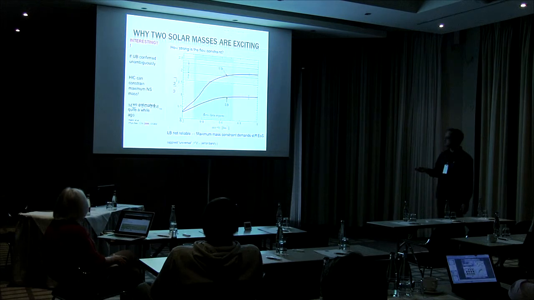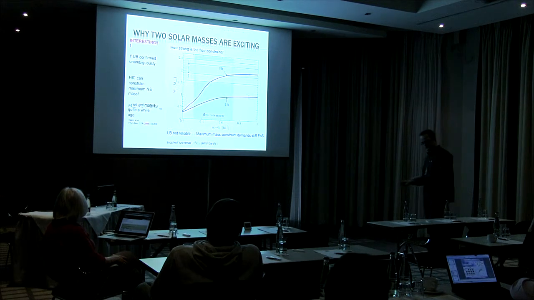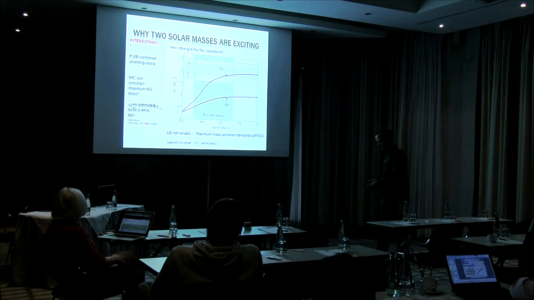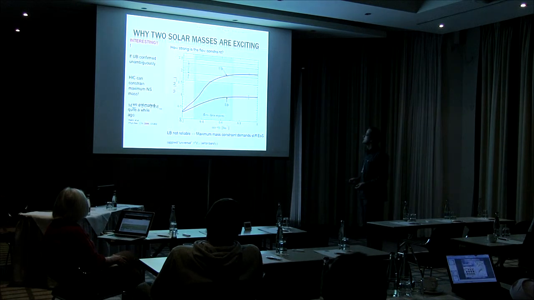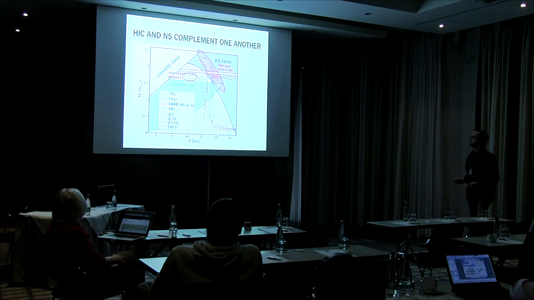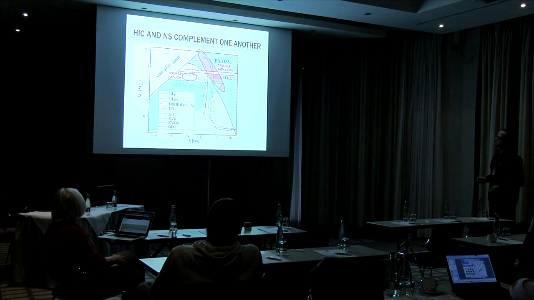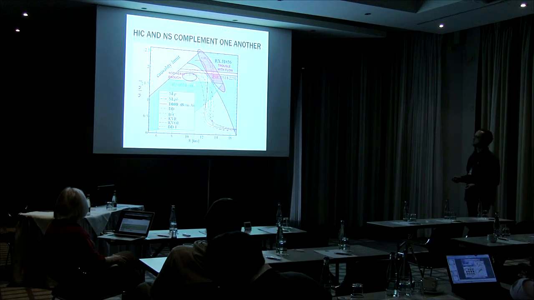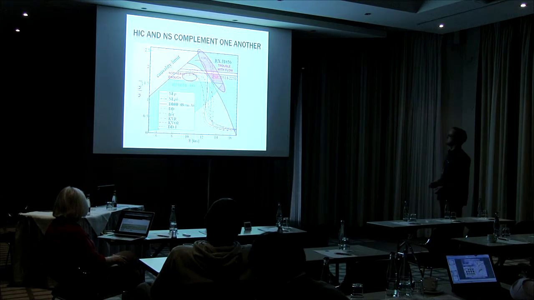What you see on the other side is that the lower bound here comes up with masses which are not in agreement at all with what we know. So here's a situation where heavy ion collisions could constrain the neutron star equation of state, and vice versa. And that is illustrated here. What we actually know from both of these constraints is, if you take all these equations of state, some of them are not stiff enough to describe these high mass neutron stars. They are not heavy enough, because the equation of state is not stiff enough.